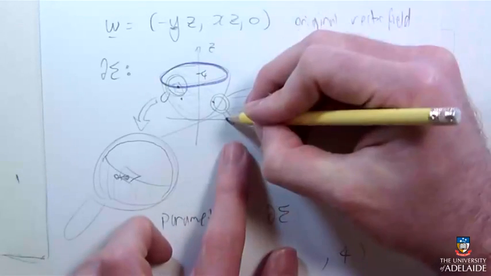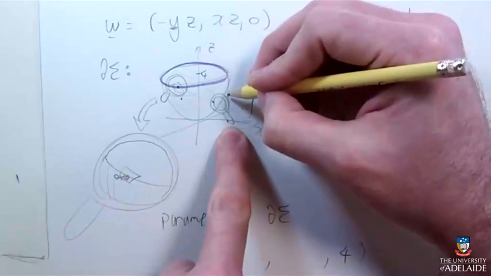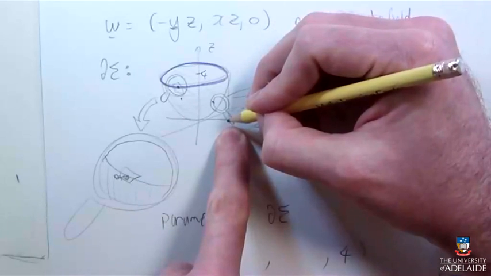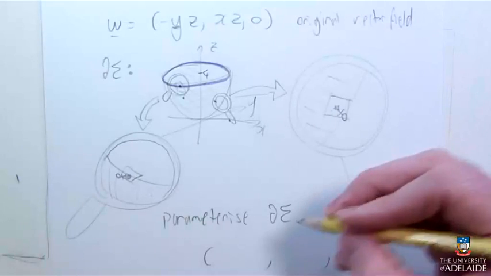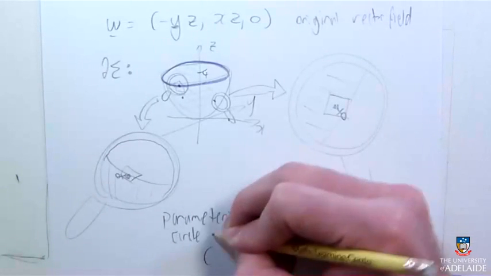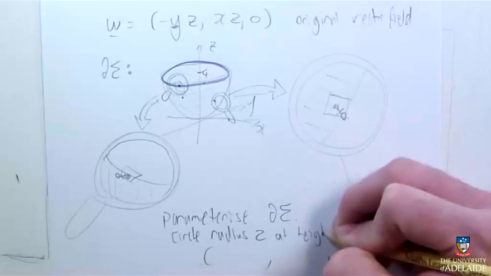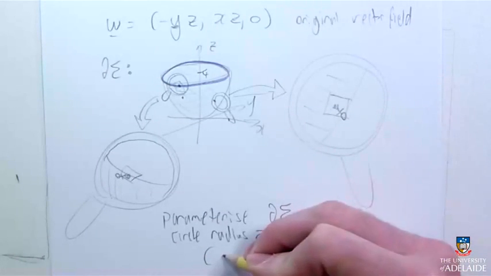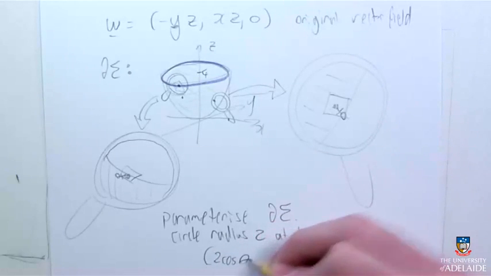So if we're here at an x coordinate, where the y coordinate is 0, x squared would have to be 4. So that's 2. So it's a circle of radius 2 at height 4. And so we get 2 cos theta, 2 sine theta.